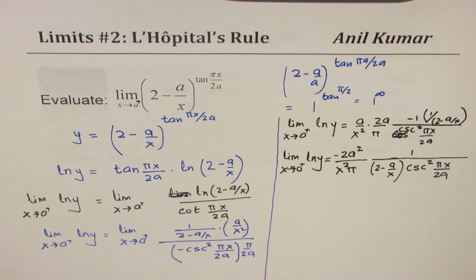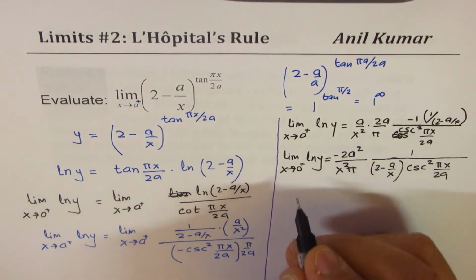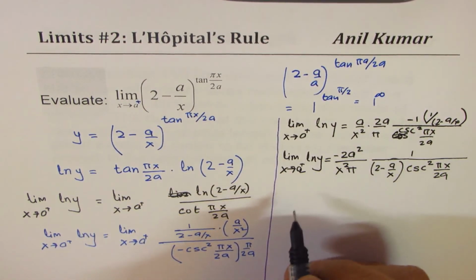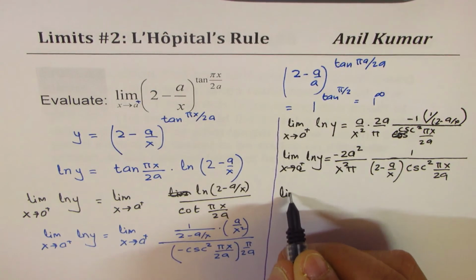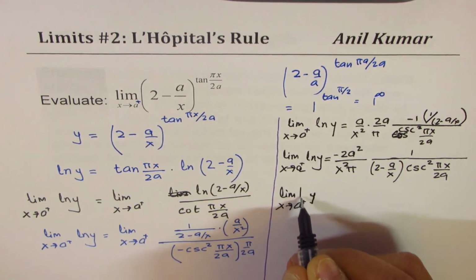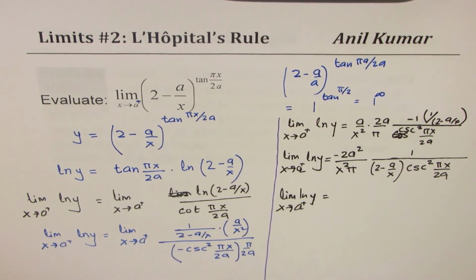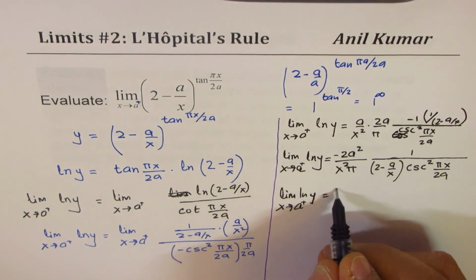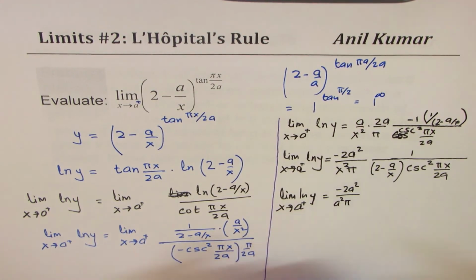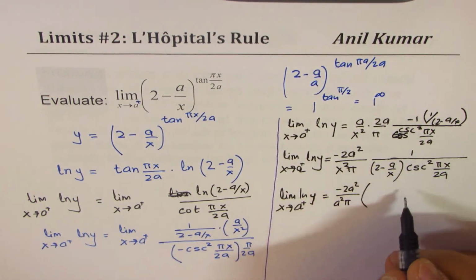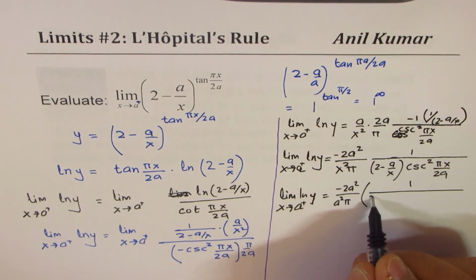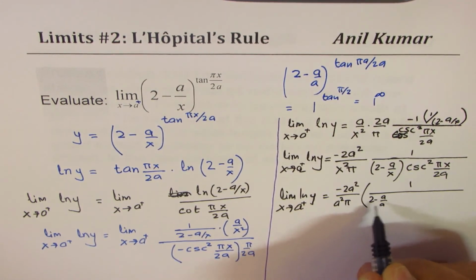Okay. Now let us substitute x equals a. It is approaching a from the right side. So we get limit x approaches a from the right side for ln y is equal to. If I write a here, I get minus 2a square over a square pi, and here I get 1 over (2 minus a over a), which is 1, right?